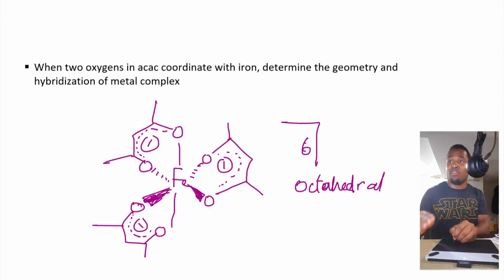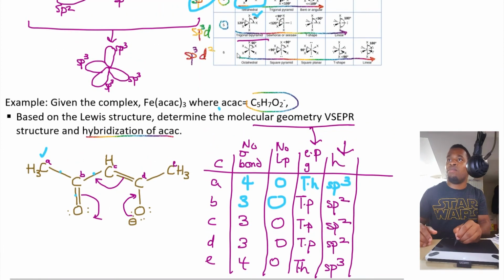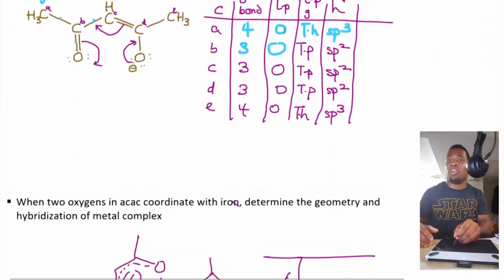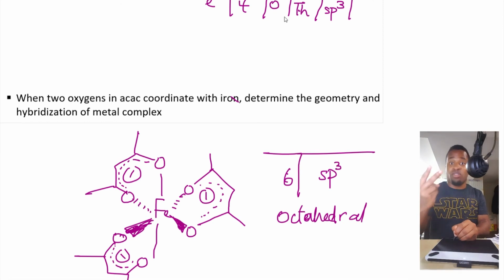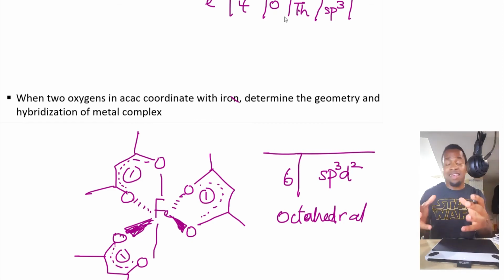Thereby, as a result, we conclude that it not only is octahedral based on what we have right here at the top, but also that the hybridization on iron is sp3, but now it uses its 2d orbitals to enhance the formation of the 6 bonds, accommodating the 3 ACAC molecules.